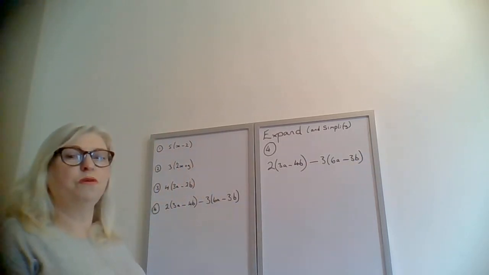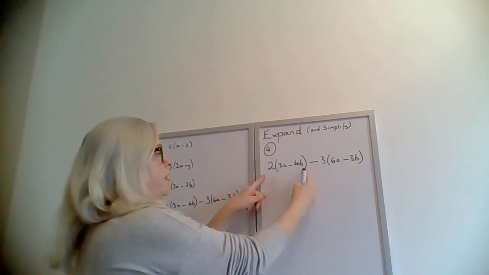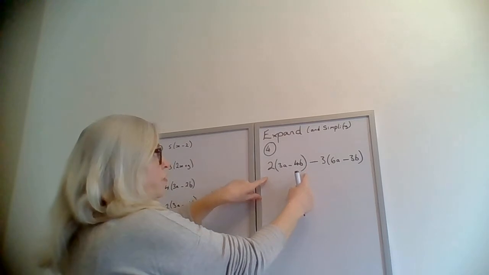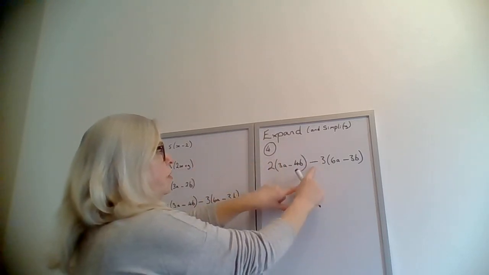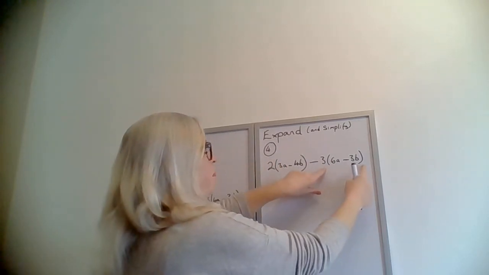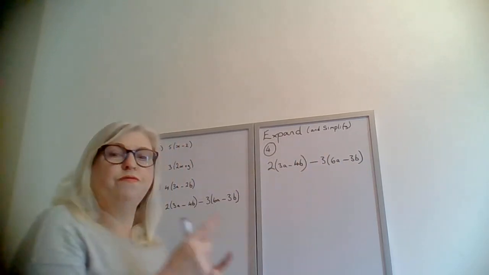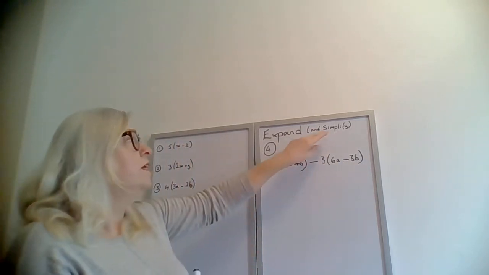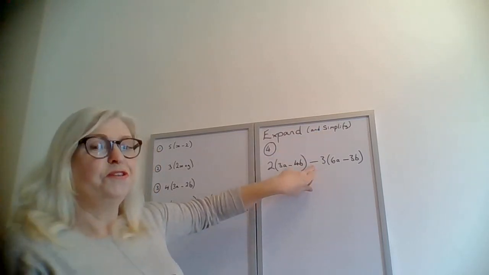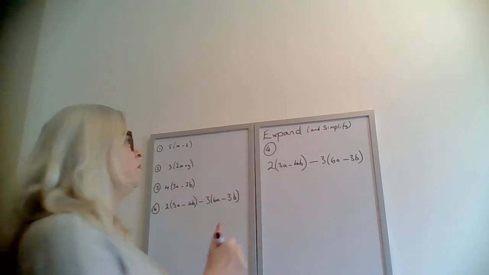That's a lot more complicated, but we're going to treat each as one term and expand it. We're going to keep our minus sign and expand that. Then we can look at simplifying, which involves doing the subtraction, not multiplication, we've done that.